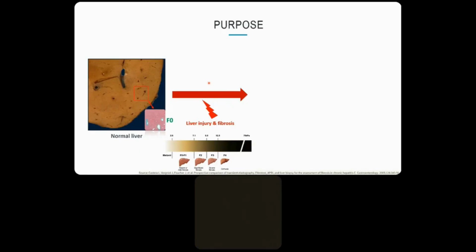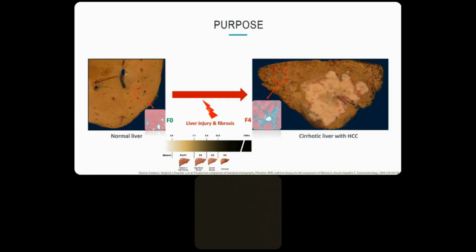Now, in a pathologic state, liver injury occurs, leading to progressive fibrosis. If injury persists over time, this can lead to liver cirrhosis and its complications. On the image on the right, you can see an end-stage cirrhotic liver, which was complicated by the development of a hepatocellular carcinoma, which you can see here.